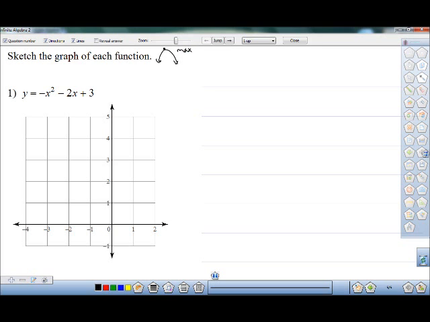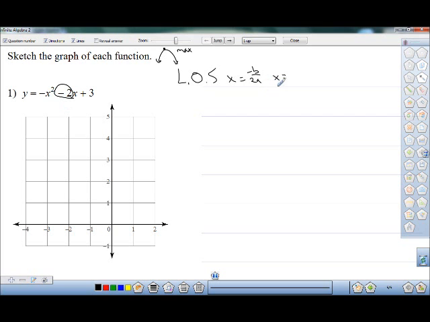Okay. Well, I'll start drafting. Line of symmetry, formula. Negative b over 2a, thank you very much. What's my b value? Negative 2. So what's a negative negative 2?